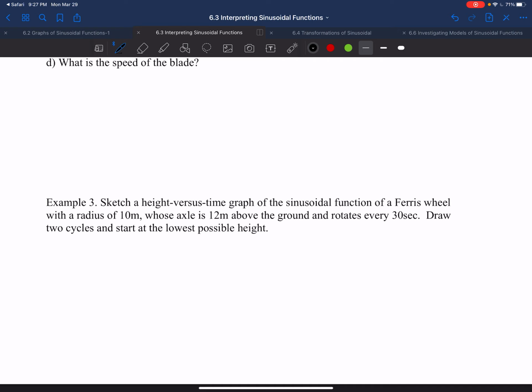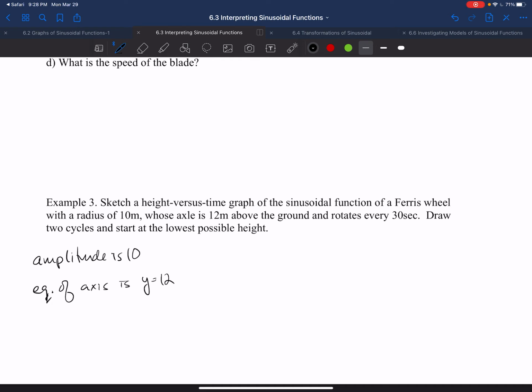So if it has a radius of 10, that means the amplitude is 10. And if the axle is 12 meters above the ground, that means the equation of axis is y, or h, is equal to 12.